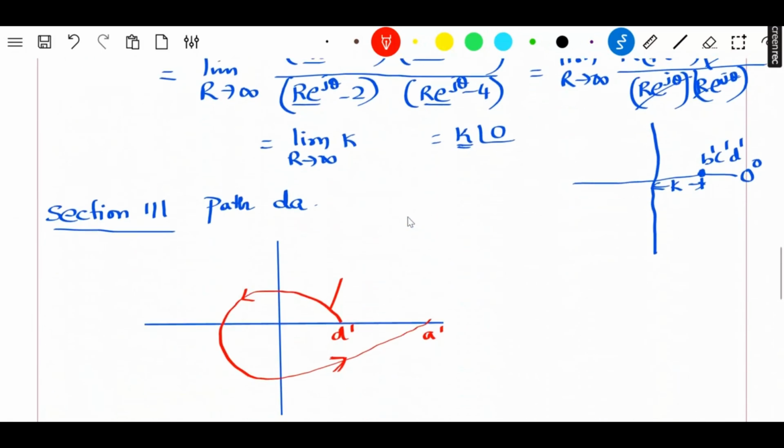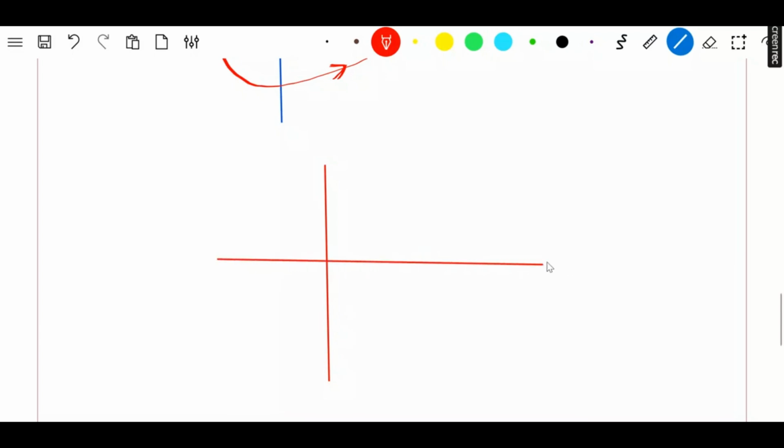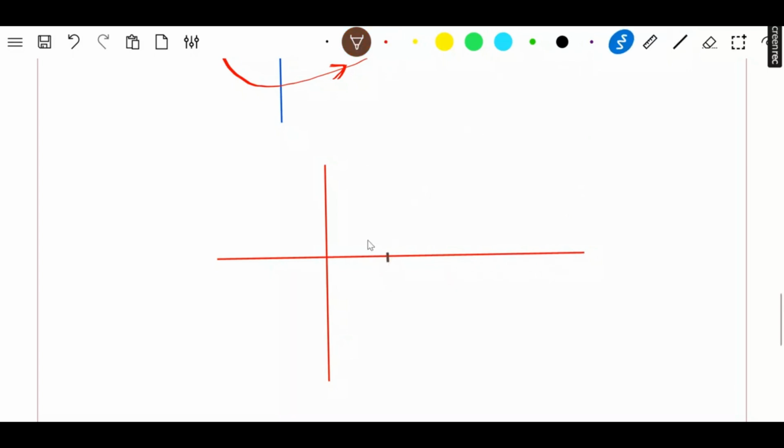Okay, now we will write the final trace by combining all three. So we had points at K, which is B dash, C dash, D dash.